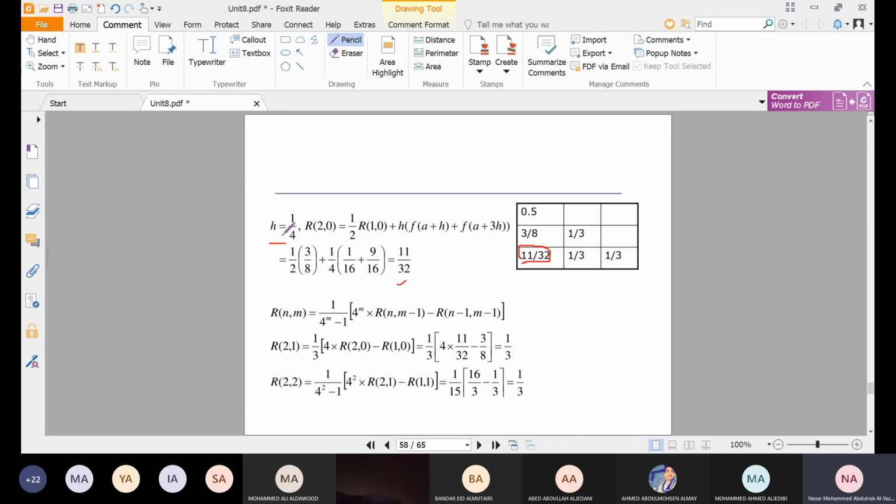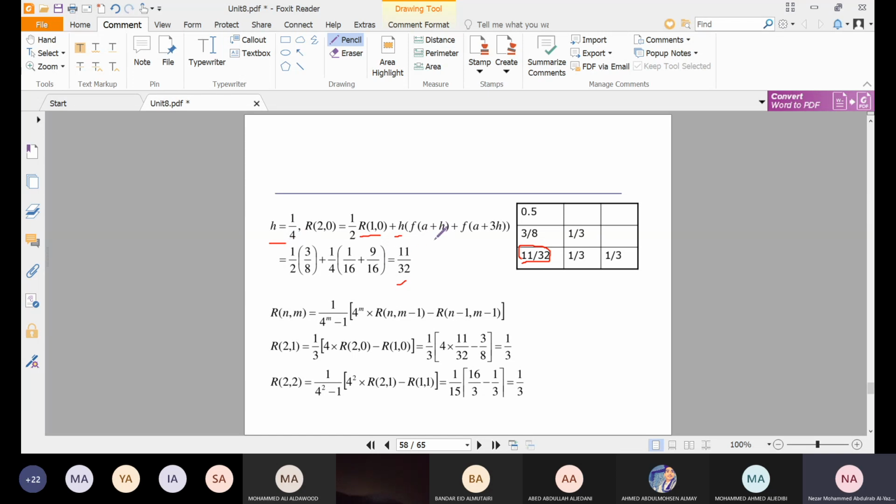Okay, so if we have R20, it is equal to half of R10 plus h times f(a + h) plus f(a + 3h). Here we just substitute the values. We have half multiplied by R10, plus the value h = 1/4 multiplied by the function at a + h, where h is 1/4.